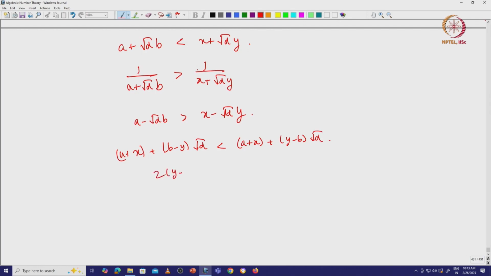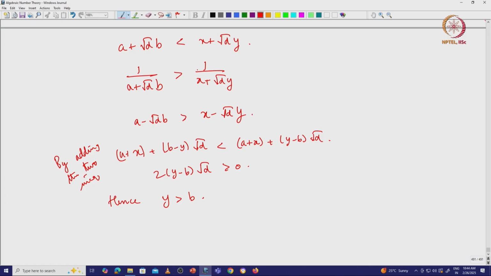you get 2 times y minus b square root of d is bigger than 0, which means that y is bigger than b. This is by adding the two inequalities, and by subtracting the two inequalities you would get the other way.